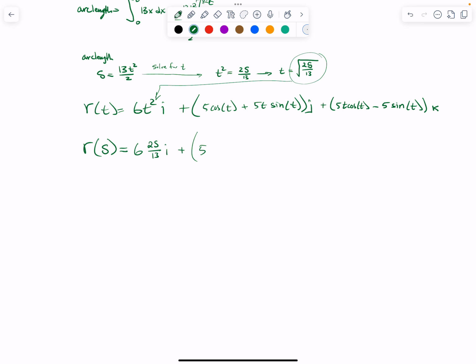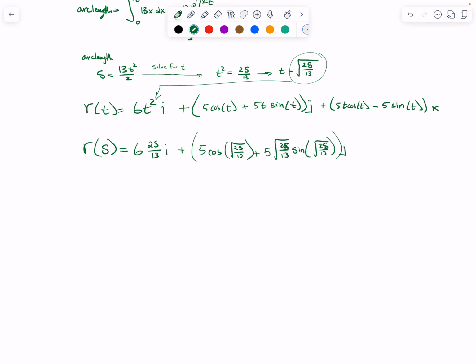Okay, so this will be 5 cosine of the square root of 2s over 13, then minus 5 times the square root of 2s over 13 times the sine of 2s over 13. They look so much like 5s. They're s's. I hate the letter s, especially when I have 5s in the mix.